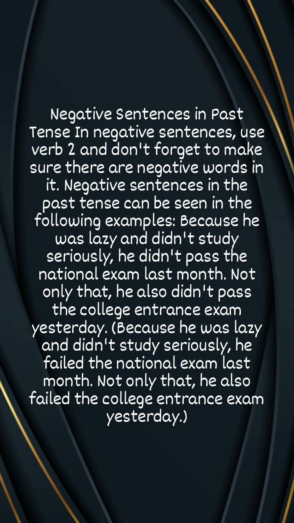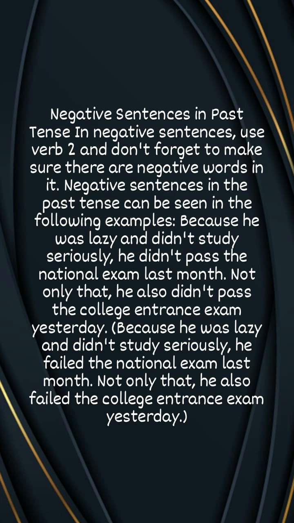Negative sentences in past tense. In negative sentences, use verb 2 and don't forget to make sure a negative word is in use. Negative sentences in the past tense can be seen in the following example. Because he was lazy and didn't study seriously, he didn't pass the national exam last month.